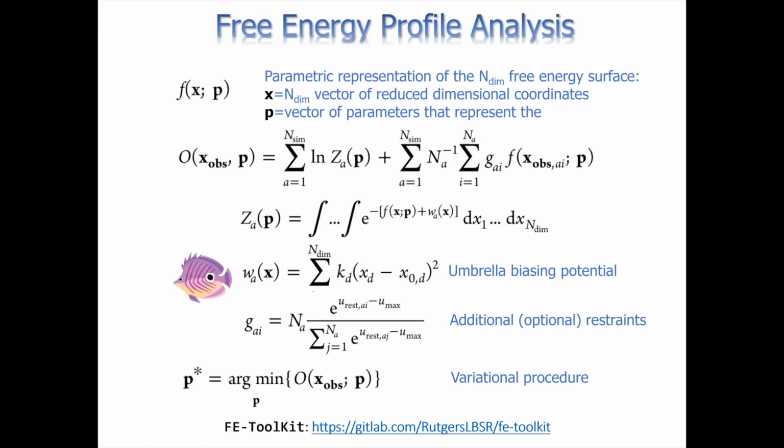It turns out that this is the variational free energy profile method. It turns out the MBAR method works in a similar way, except maybe a little bit less elegant, but it's also a little bit faster. So it's an alternative way of doing more or less the same thing.